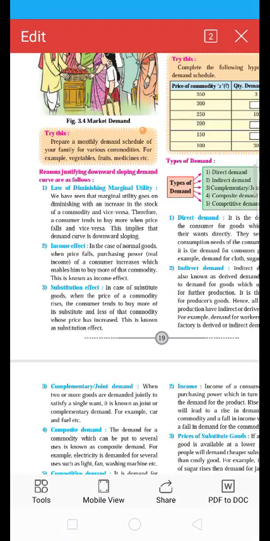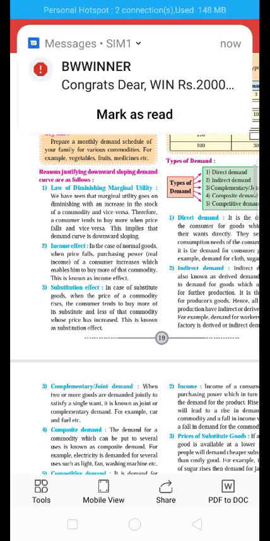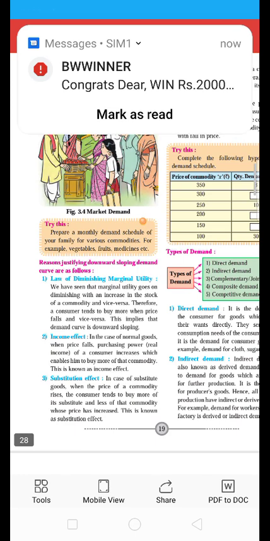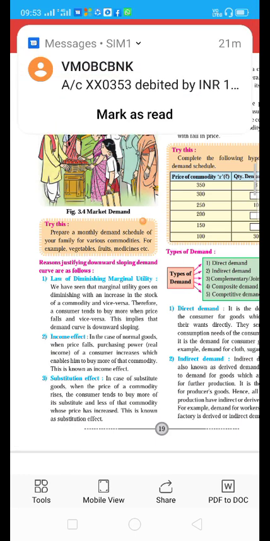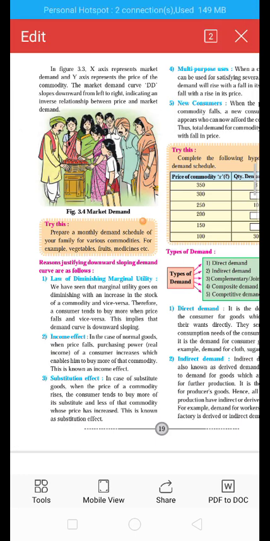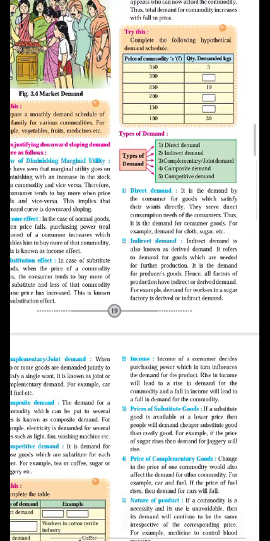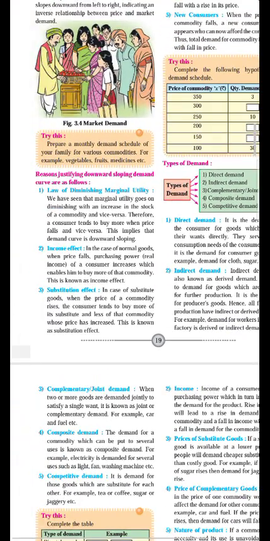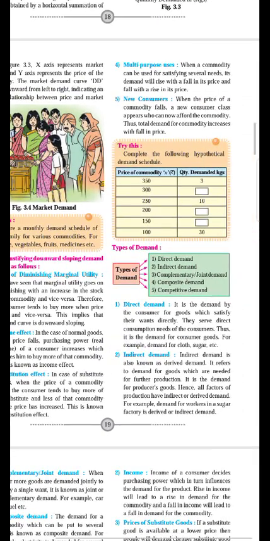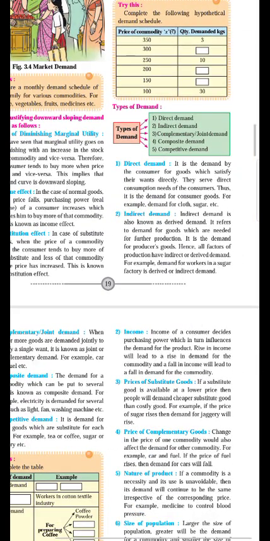In today's video we have done what are the reasons that demand is downward sloping, and what are the different types of demand. Note down in the notebook whatever we have seen in the previous videos. This is my 11th video, so whatever I have given, just note down at least the points in your notebook.